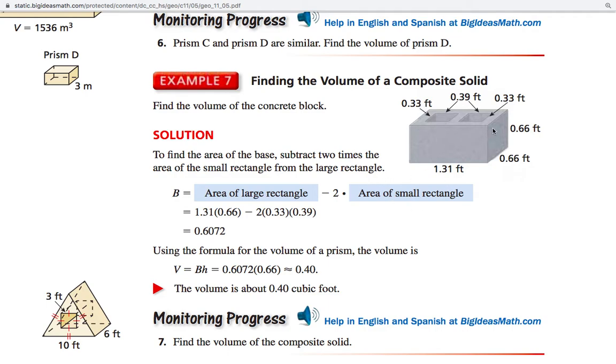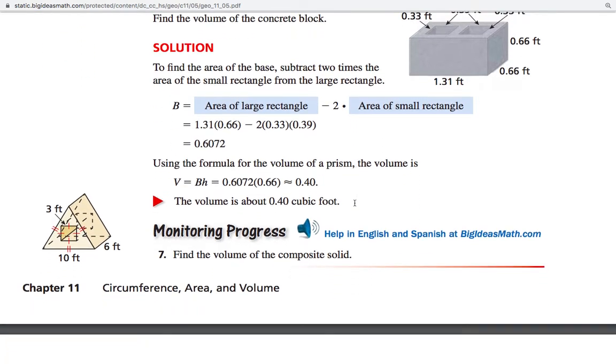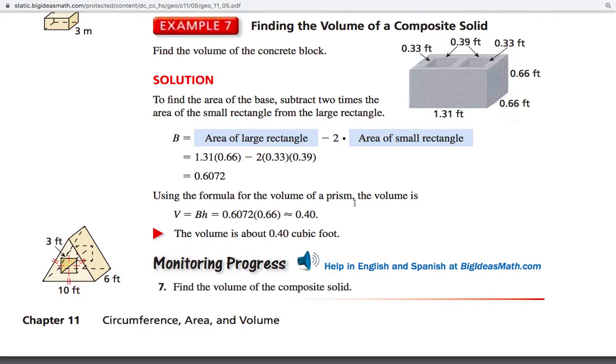That's giving us that base area. So really this right here is just finding the capital B, which is base area. Then once we have that, we can times it by the height of the prism, which is 0.66. You could do that, or you could find volume of the whole thing and then subtract the volume of the 2 smaller ones. It's going to work either way the same. Okay, but you might want to look at that. You might see a problem or 2 like that.